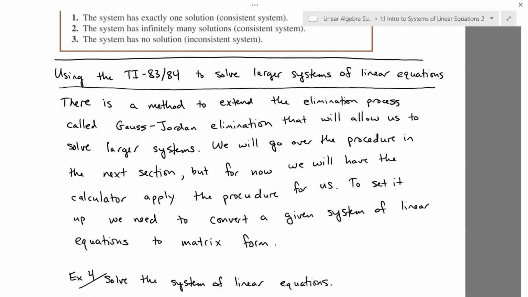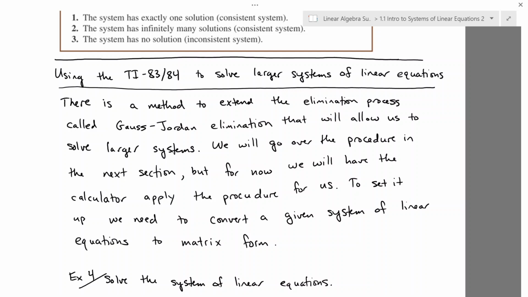So we dealt with systems of 2 equations in 2 variables, and in those cases the algebra of solving the systems wasn't too bad. But you can imagine if you have 3 equations in 3 variables, or any kind of larger systems, they could be mismatched, like 4 equations and 8 variables, or 7 equations and 5 variables.